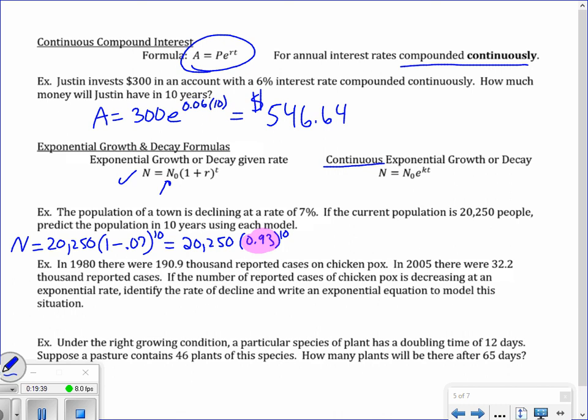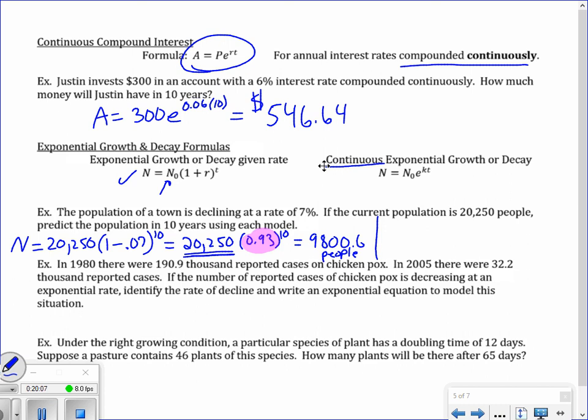You can be like, oh, if you lose 7%, that means you're keeping 93%. So this number is getting multiplied by 93% every year. So after you do it one time, then you do it again. And so eventually this original number is going to go down every year a little bit. Okay? So anyway, you put that in your calculator and you get 9,800.6, so 9,800 people.